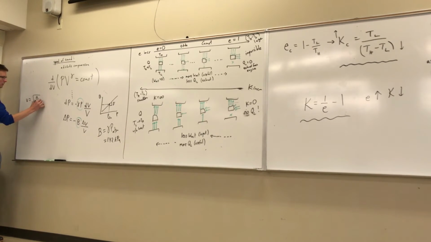So if you put in the gamma for your gas, of course air is diatomic, okay? So air itself is diatomic. You put in F equals 5 because it's diatomic at a medium temperature range.